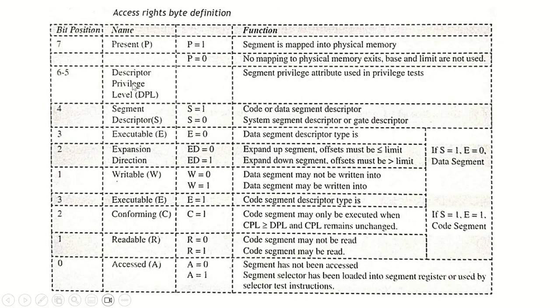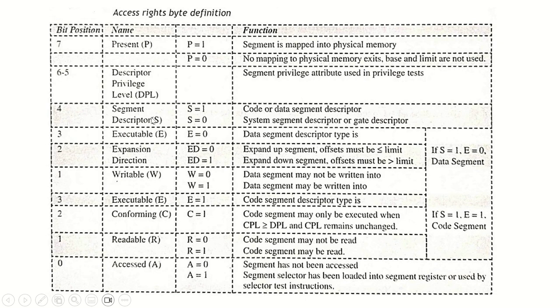Similarly, the 2 bits are called descriptor privilege level. Every descriptor has a privilege level. Since it is 2-bit, you have 00, 01, 10, 11. That means 4 combinations of privilege levels, 4 possibilities. 00 is the highest privilege level, 11 is the lowest privilege level.